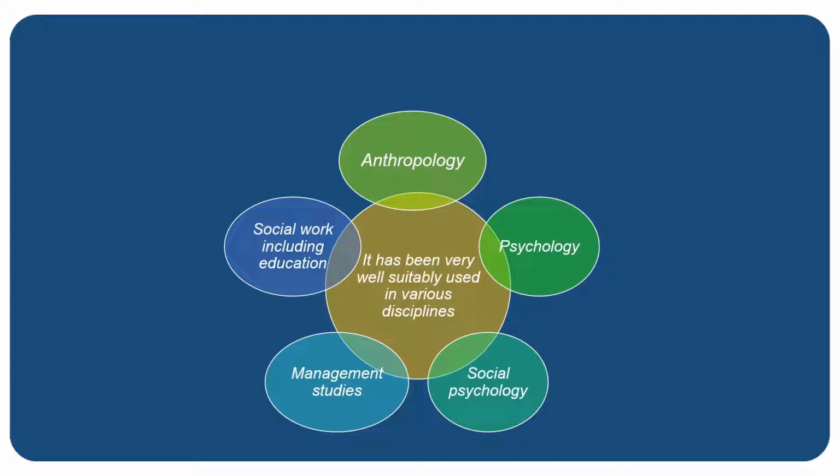As my training is in education, I may use a few examples from the field of education when I am trying to explain the process or the steps of action research. Let us go further.